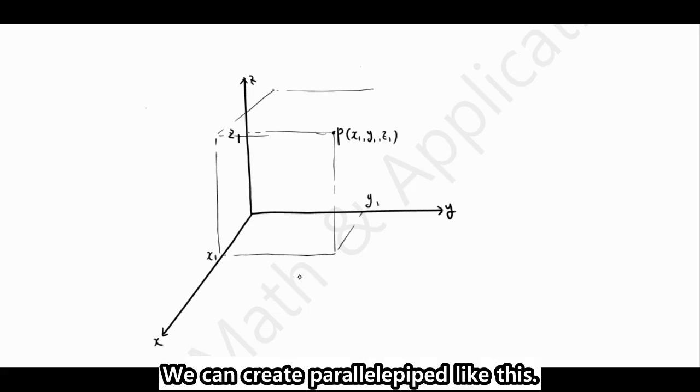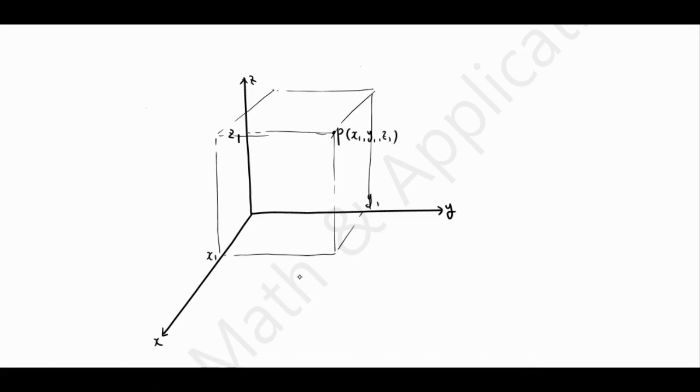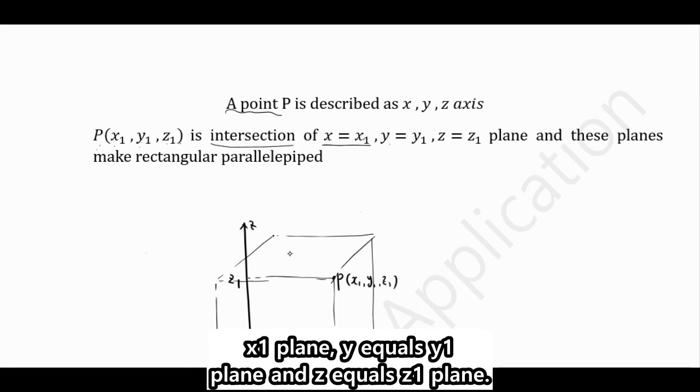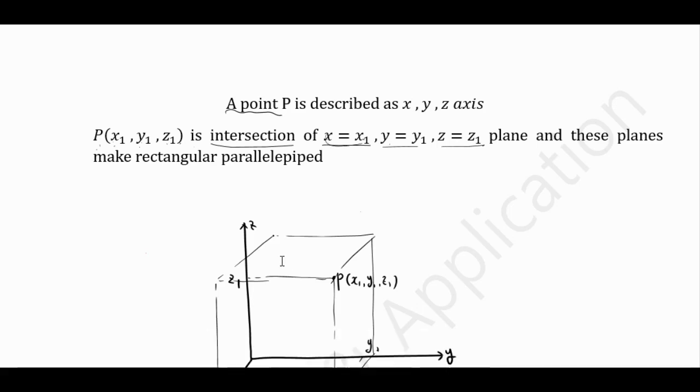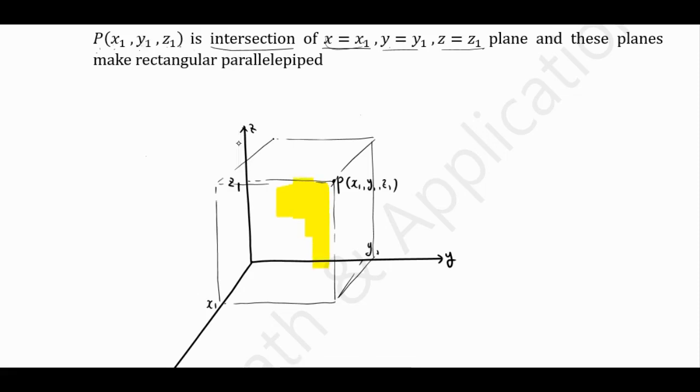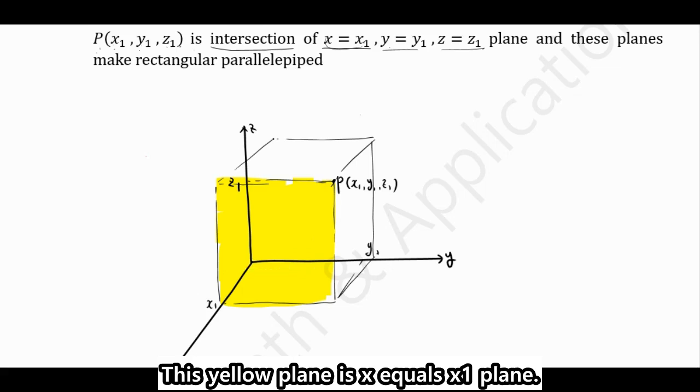We can create a parallelepiped like this, and we can find point P is the intersection of the x equals x1 plane, y equals y1 plane, and z equals z1 plane. What is the x equals x1 plane? The x equals x1 plane is the yellow plane. This yellow plane is the x equals x1 plane.